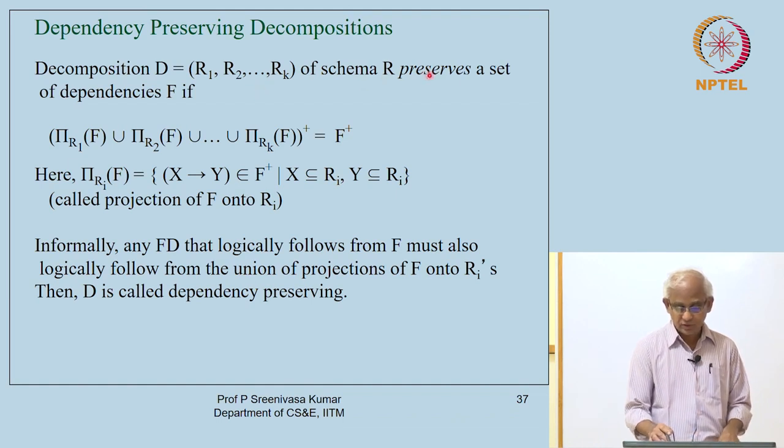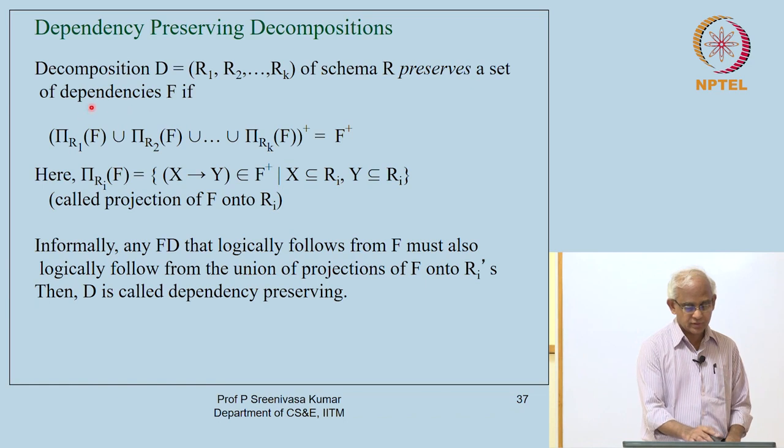It is said to preserve a set of functional dependencies F if the closure of the union of pi R1 F, pi R2 F, up to pi Rk F is exactly the same as the closure of F.